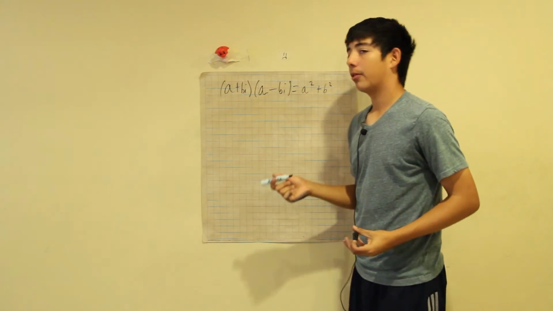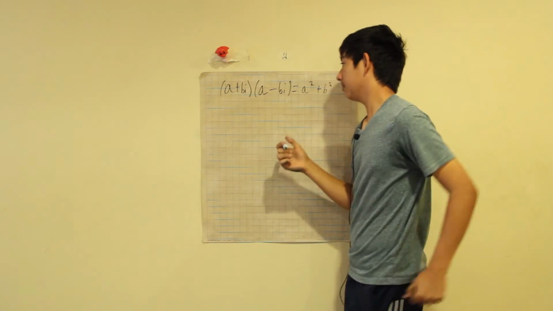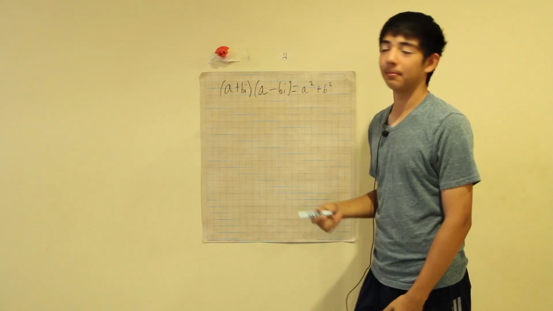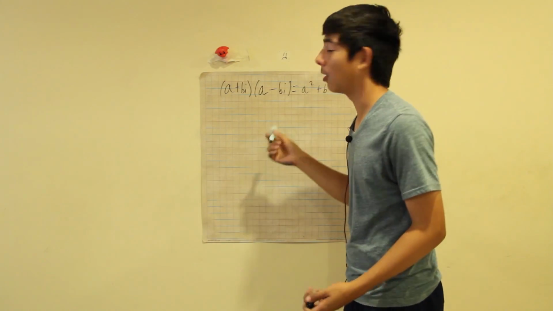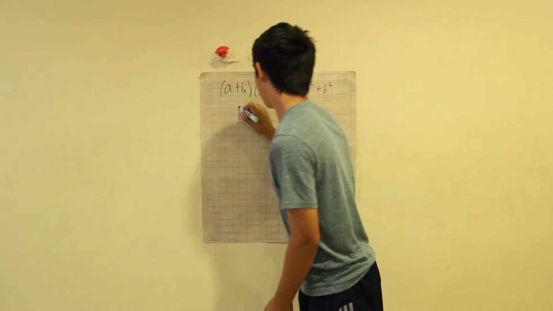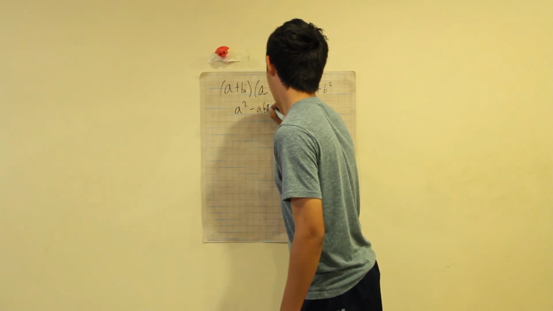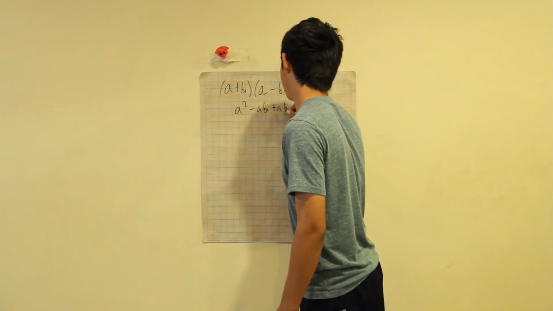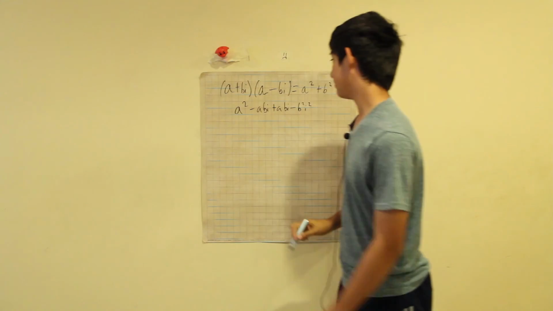Alright, now let's go over why when you multiply a complex number by its complex conjugate, the result is a squared plus b squared. Now, a lot of you can probably figure this out on your own, but it's good to see the problem worked out. So when you multiply this out, you get a squared minus abi plus abi minus b squared i squared.